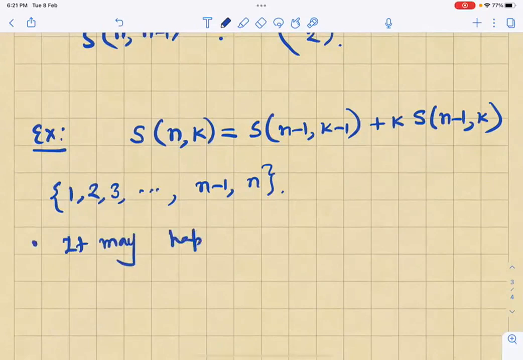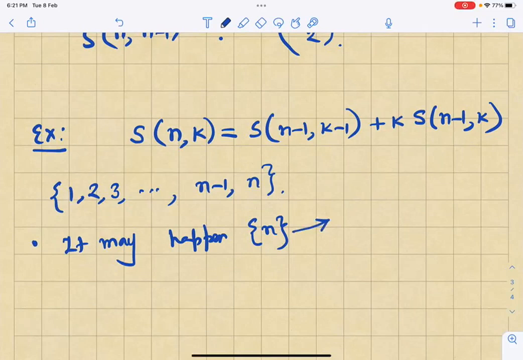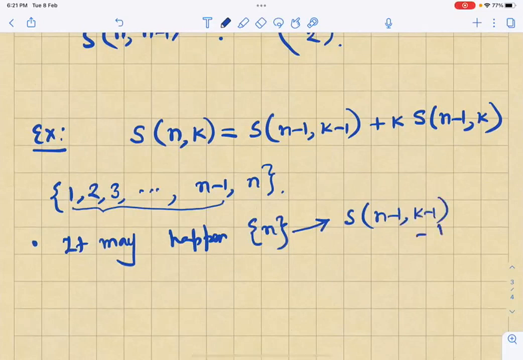It may happen that the number n goes alone, to a one-element set. It does not take anybody with it. Then you have to place the rest of the n-1 elements in k-1 boxes. That can happen in S(n-1,k-1) ways, by the definition of the function S(n,k).